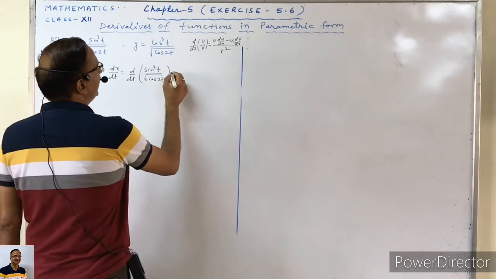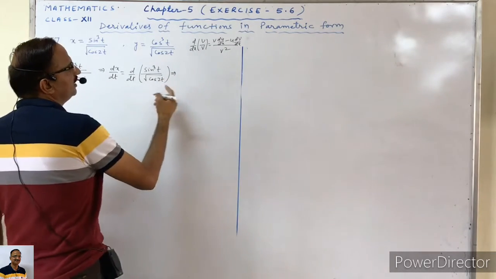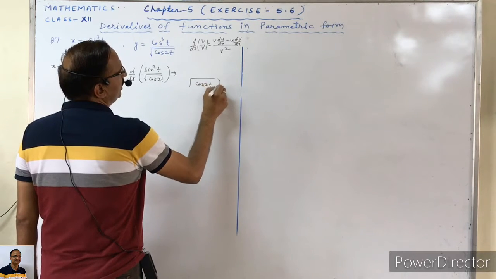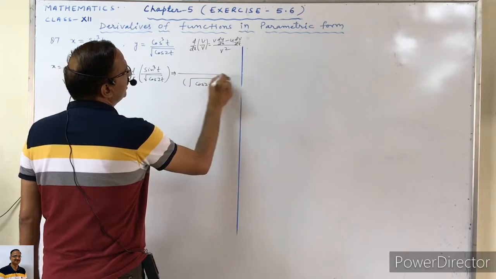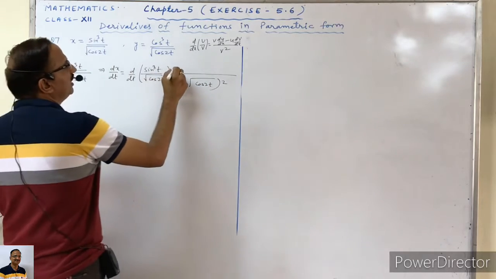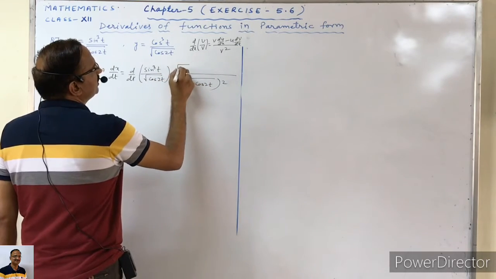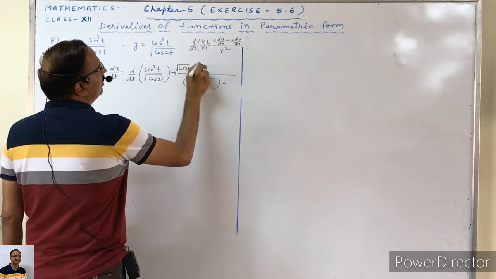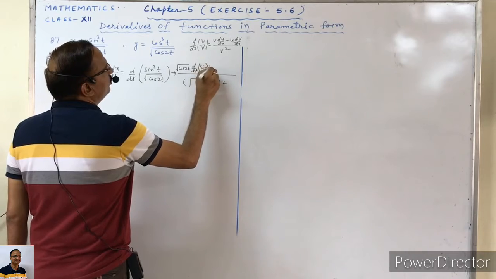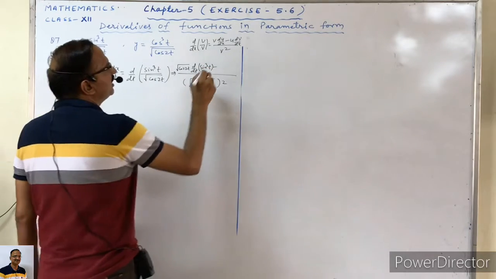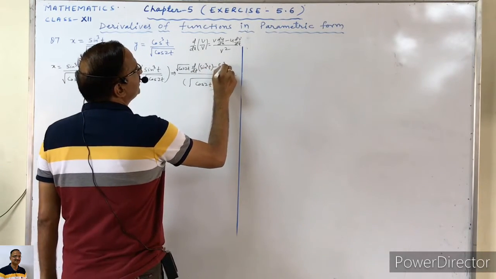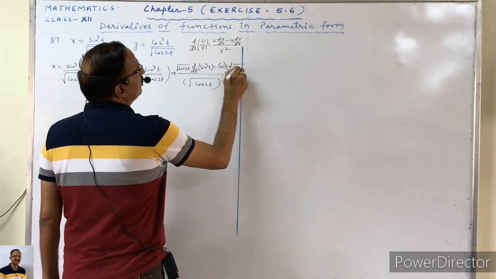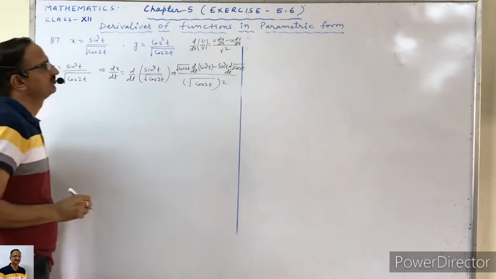This will become root cos 2t whole square in the denominator. In the numerator, this is denominator cos 2t and d by dt of sin³t minus sin³t as it is and d by dt of root cos 2t.